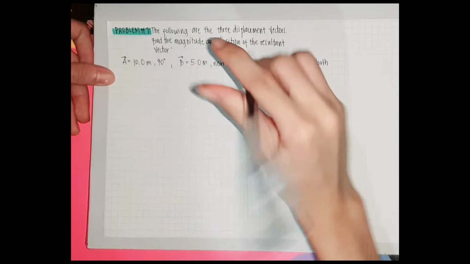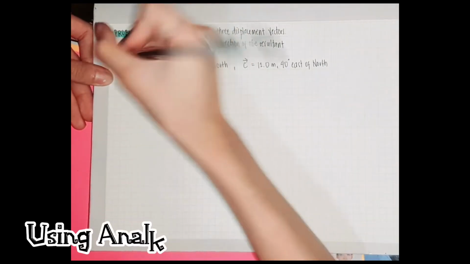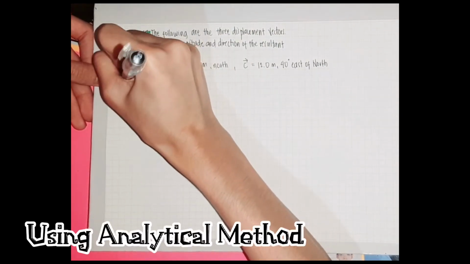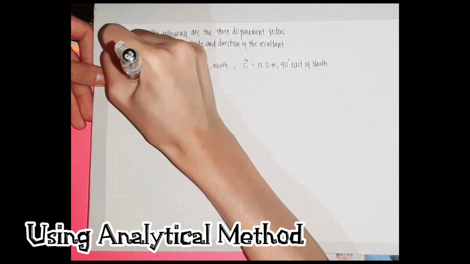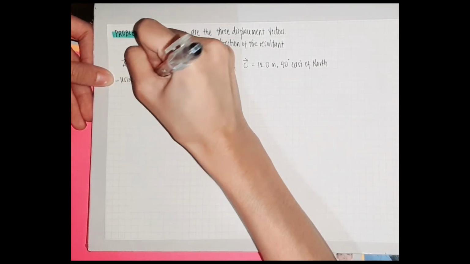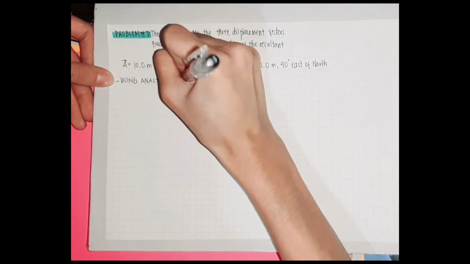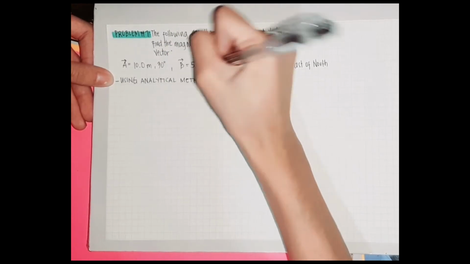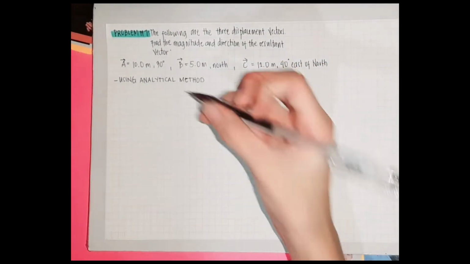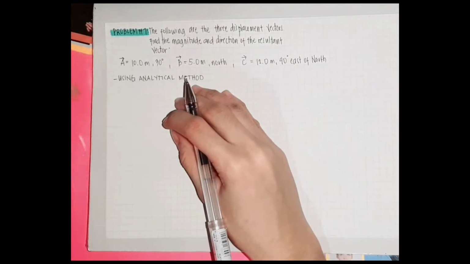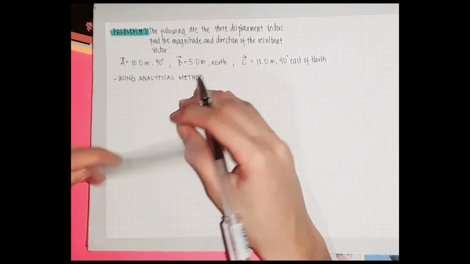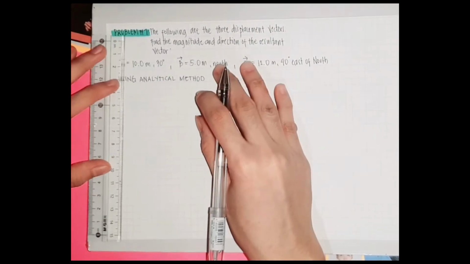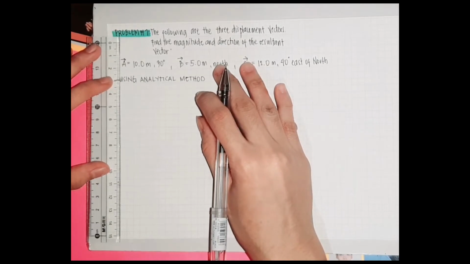In solving problem number 1, we will try using the analytical method first. The next thing we will do is to create a table so that we can use it to organize our given data.